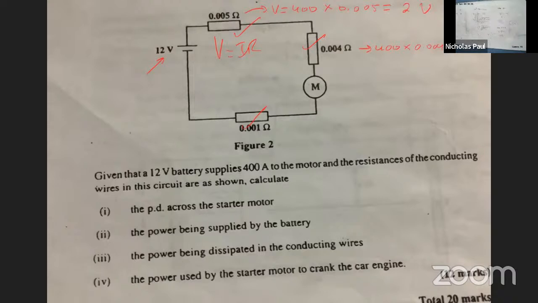And here is 400 multiplied by 0.01, which is 0.4. So therefore, the PD across the motor will be 12 minus 2 plus 1.6 plus 0.4, which is 8 in total. Nice. So the motor alone takes 8 volts.